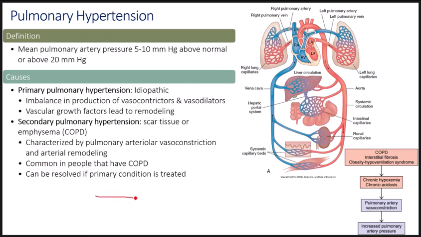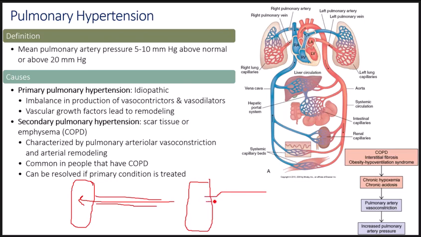We've had what used to be like this. So let's say for simplicity, here's a lung, and we have the normal flow of blood through here. If all of a sudden we narrow and vasoconstrict, then the blood that was moving through here can't move through it at as fast of a rate.